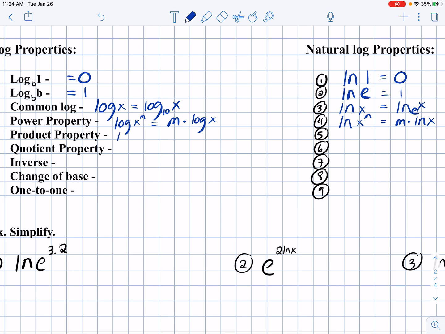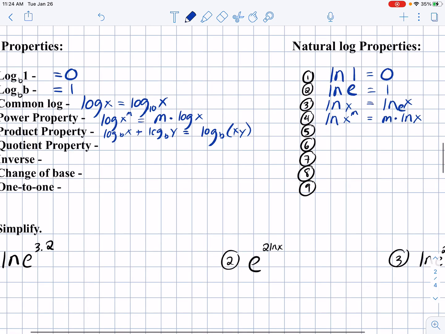Product property, taking the log of something with the same base and adding it to another log expression with the same base means we can just multiply x times y with a base b. So for natural log, same thing. The natural log of x plus the natural log of y would just equal the natural log of x times y.